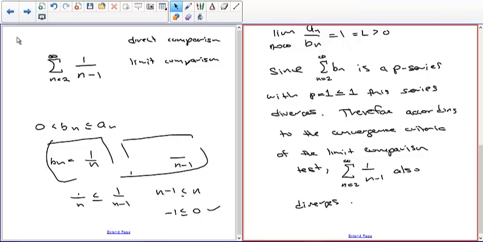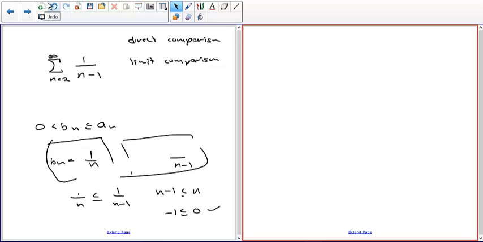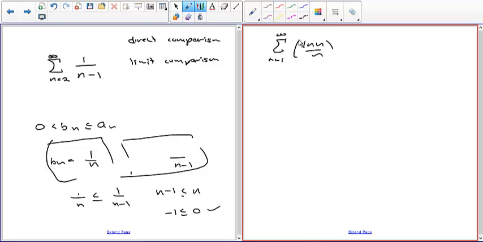Okay, let's try another one. The one previous to that was the summation from n equals 1 to infinity of the natural log of n over n to the n power. And we said that was the ratio test. So go ahead and look at, not the ratio, the root test.